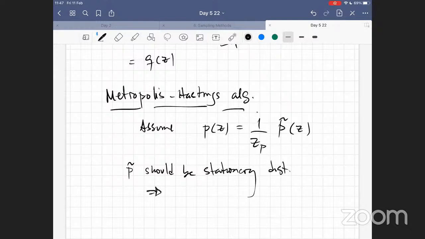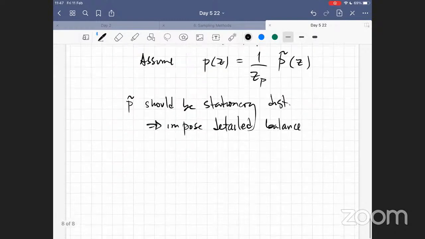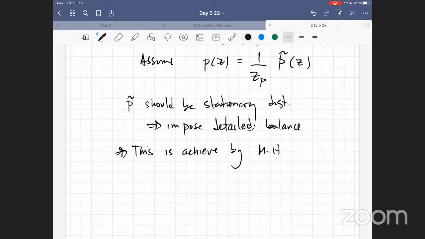And then you impose detail balance. And this is achieved, and I will demonstrate this in a second, by the Metropolis-Hastings algorithm in the following way.